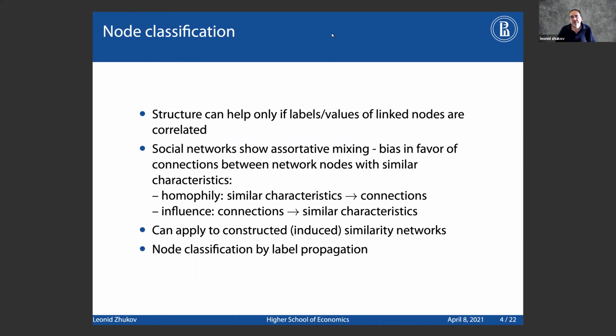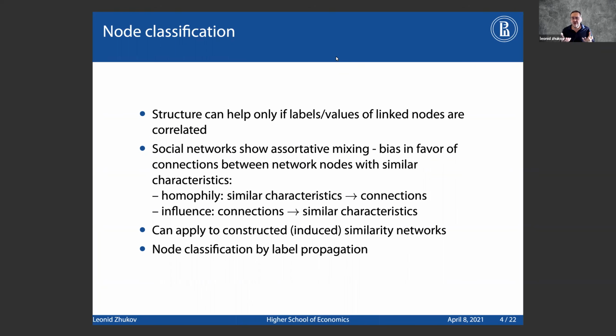So now, if you think about it from a big picture point of view, those connectivity patterns can help identify the values on the edges only if there is some sort of correlation between connected nodes, right?